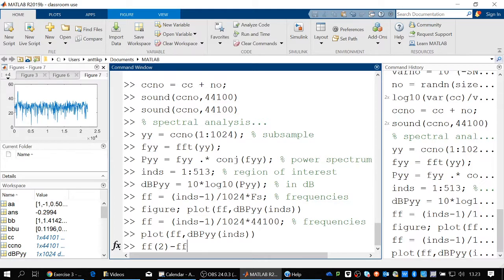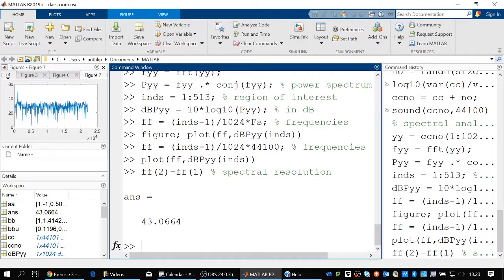FF2 minus FF1, that's the spectral resolution. The spectral resolution is about 40 hertz. So on this graph we have some spectral components, actually also at 990.5 hertz. That's because that's the bin that happened to be there, a multiple of the spectral resolution.